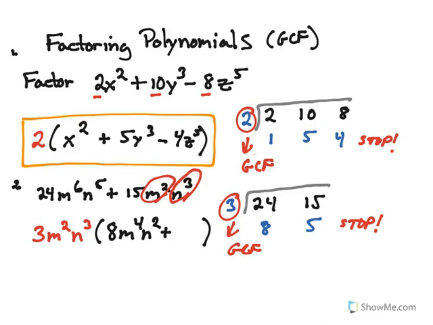Now 3 times what is 15? Well, that has to be 5. And you notice that the m squared is out and the n cubed is out, so there's no variables here. And that would be the problem that's factored. That's the only thing you can do with that. So we're factoring GCFs out. Okay, all right. So let's do another one.